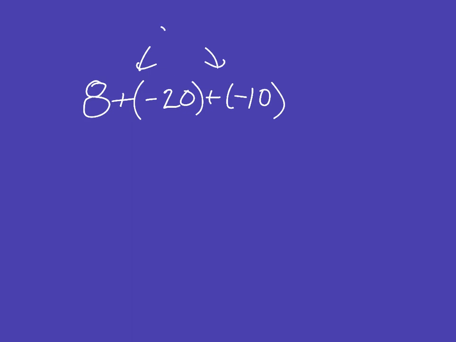If I had 8 plus negative 20 plus negative 10. We're going to talk about this later on too. I'm adding. So when I add, I can add in any order.